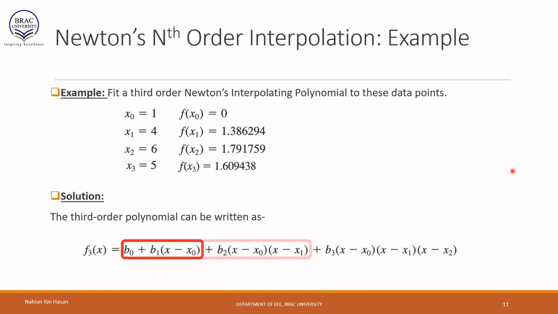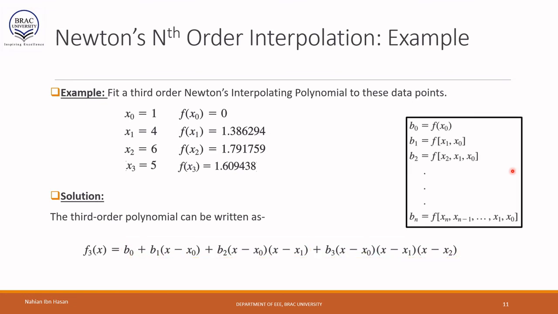So how are we going to do that? We need to find out the coefficients, and if you remember from a couple of slides before, b0 is denoted as f of x0, b1 is denoted as f of x1 comma x0, b2 is denoted as f of x2, x1, x0.